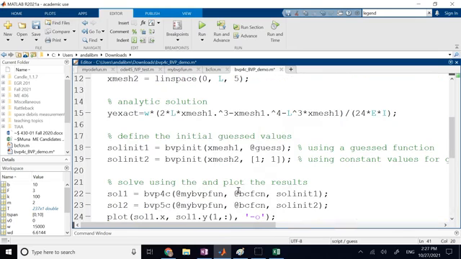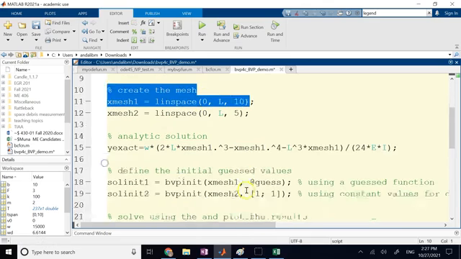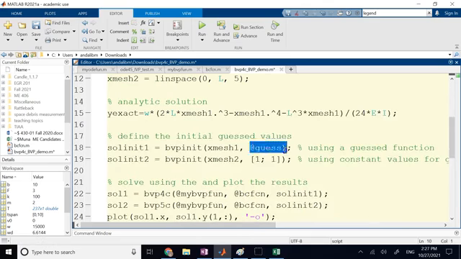Good? And when I want to pass the values of those yg's, how do I do it? I say, hey, get the x values of the mesh, which are the node positions basically, pass them to this function guess, and whatever y that gives you, those yg's, use them as the initial values for the solvers, the initial deflections at the nodes.